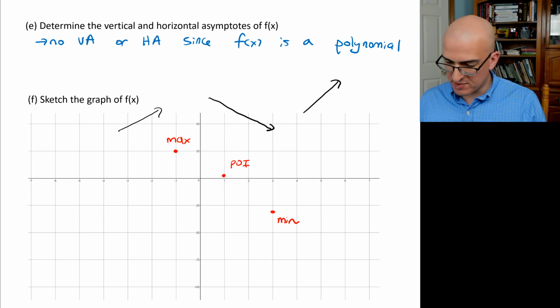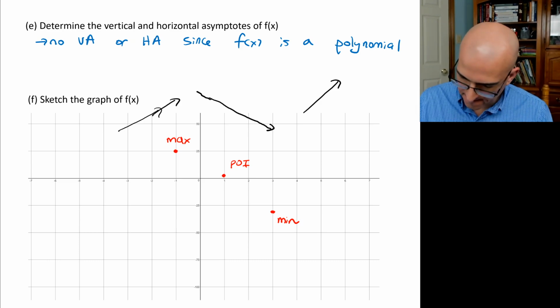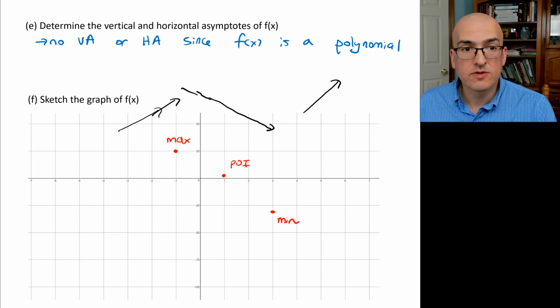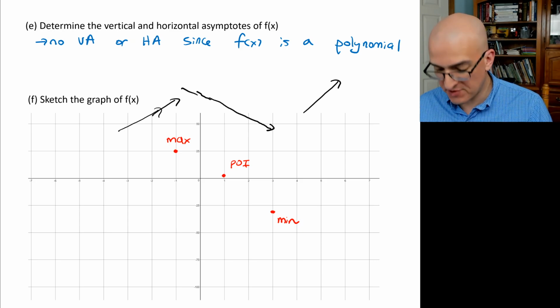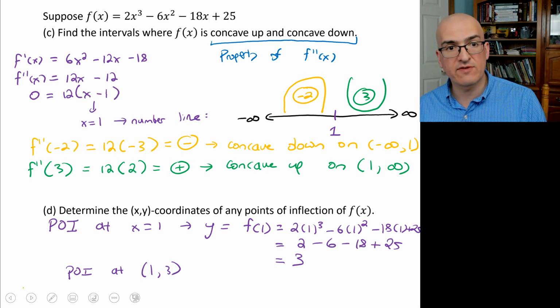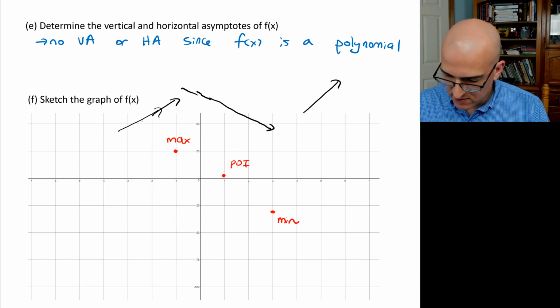So it has that shape. So that's its increasing decreasing graph, and I'm going to pick a different color and do the concavity graph. It's concave down to the left of 1, concave up to the right of 1. So concave down and then up.